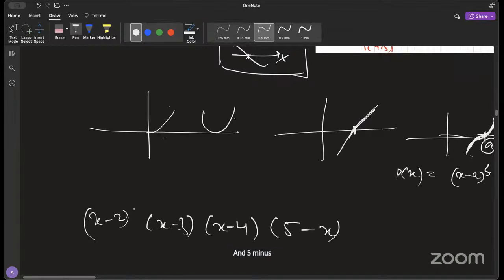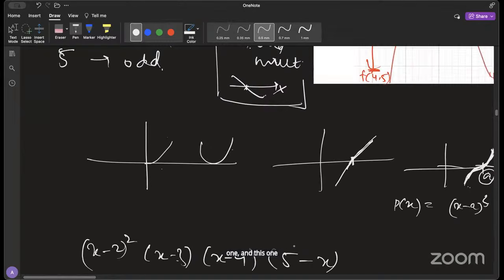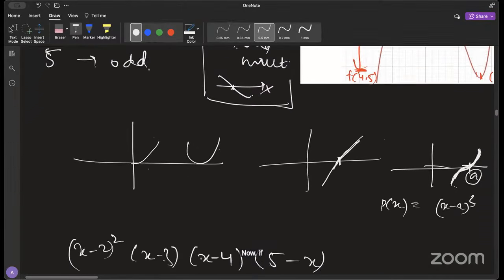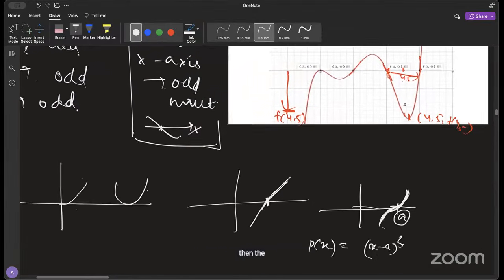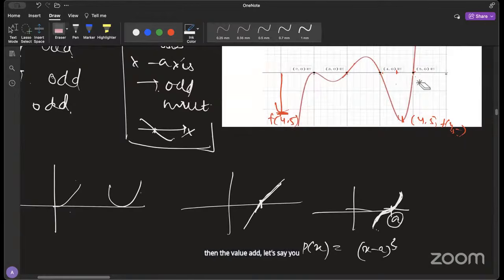All of these powers are 1 and this one is 2, right? Now, if this is the correct polynomial for this graph, then let's take 4.5 as a number. You can take any number between 4 and 5, or something after 5 too, but we're taking this one.